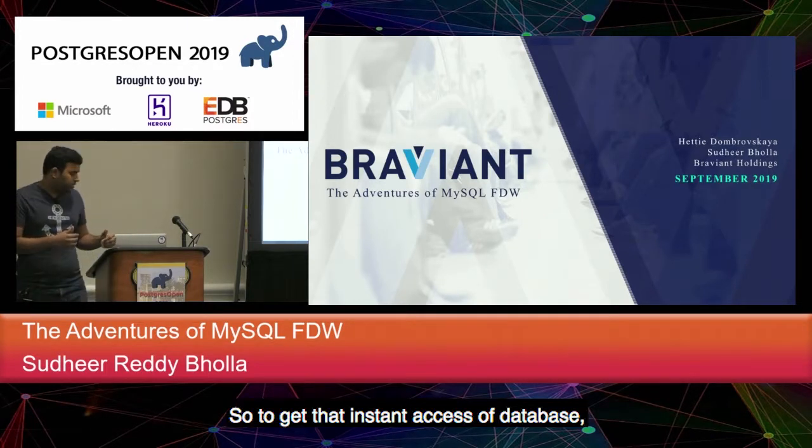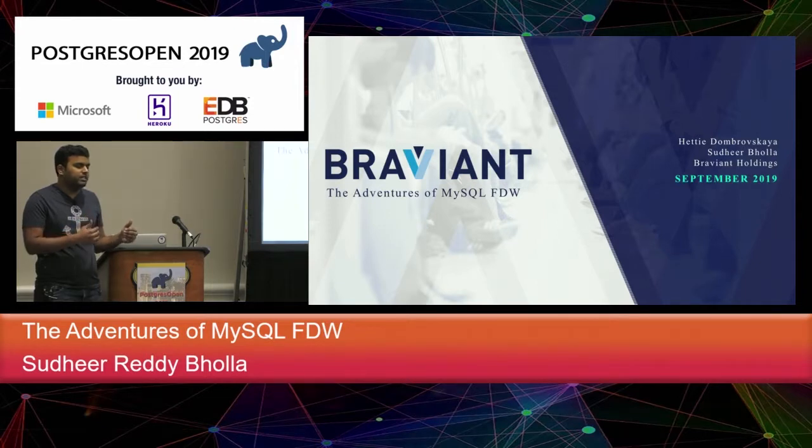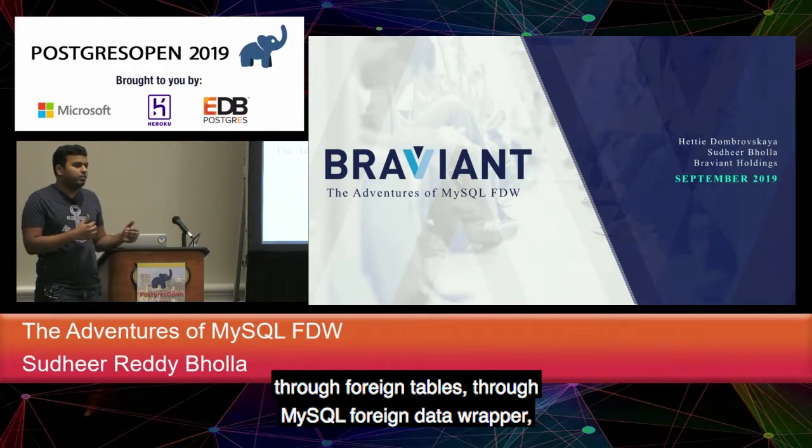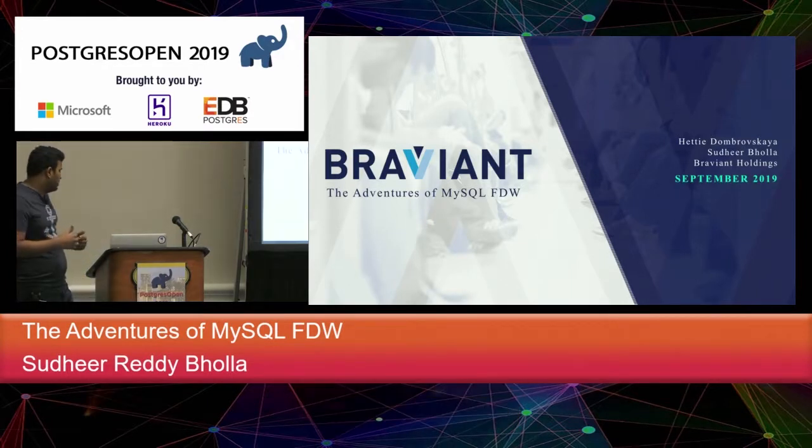So to get that instant access to the database, we implemented a mechanism through foreign tables, through MySQL foreign data wrapper, communicating instantly from Postgres to MySQL. So how did we do that?